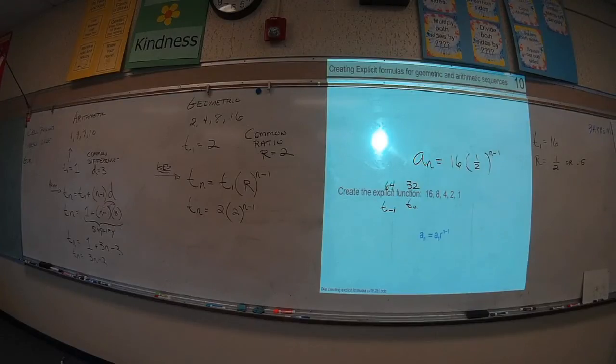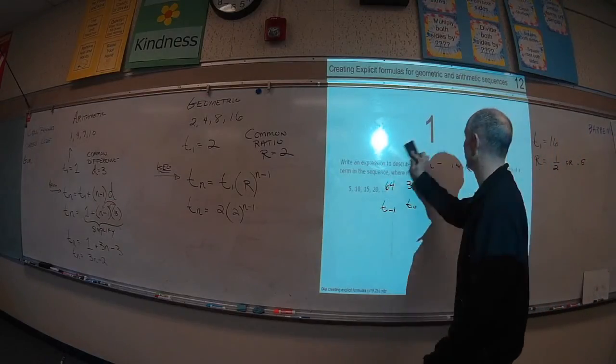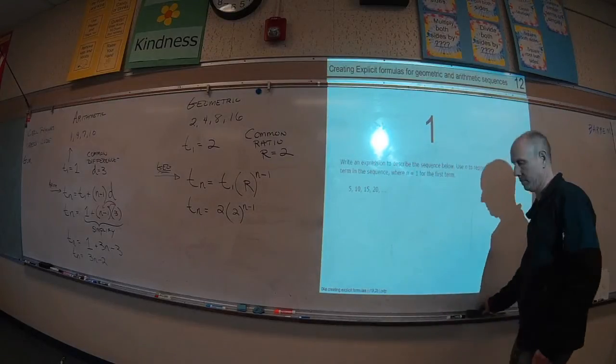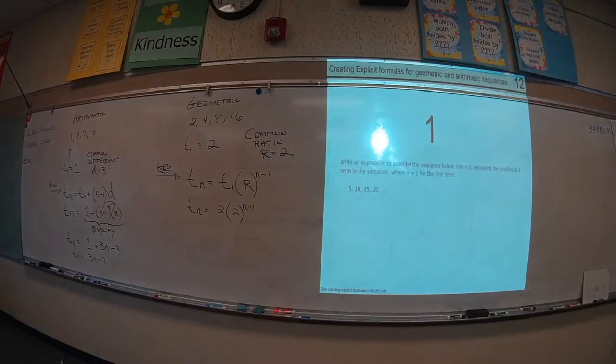This one you're not learning how to simplify today. Question number 1 right here. Create the formula for it. Fully simplified. So like till it's solved or like fully simplified. Plug in your t sub 1, plug in your ratio.